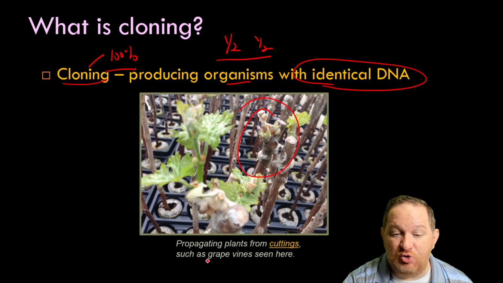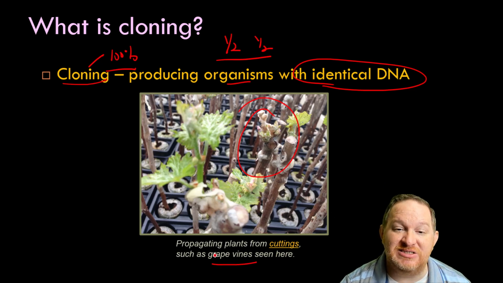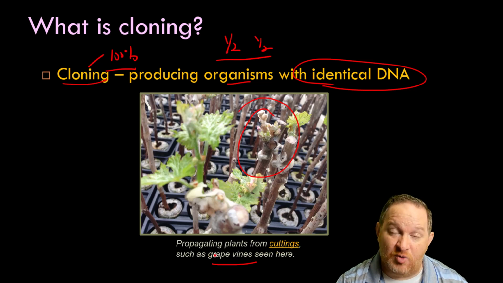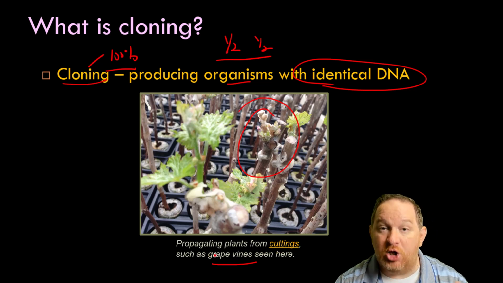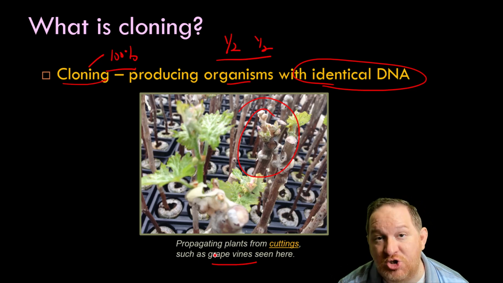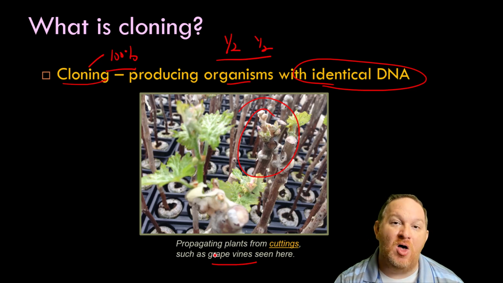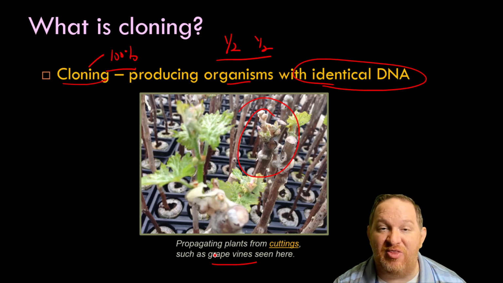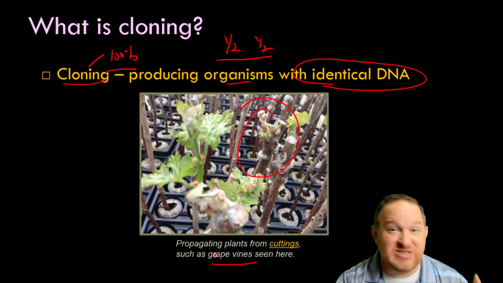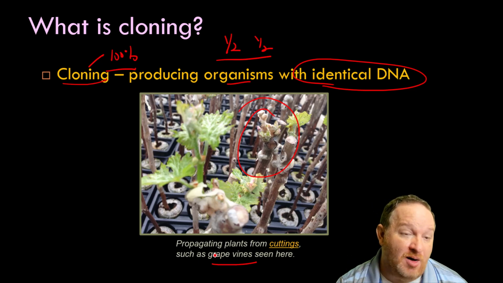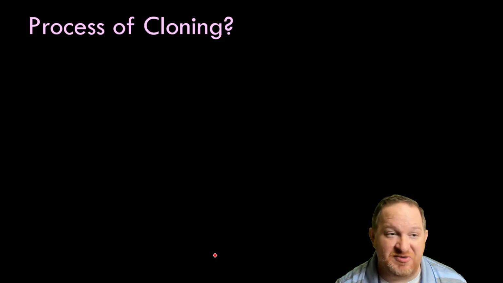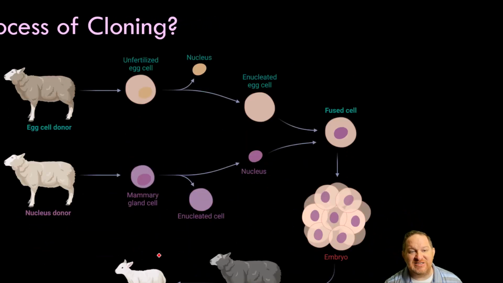Here, what you see is some grapevines where we're taking some cuttings and then propagating those plants, where the resulting grapevines are actually all clones of the original grapevines, right? So that's how some of these vineyards keep their particular taste or particular grapes throughout many generations, because they're just clones.